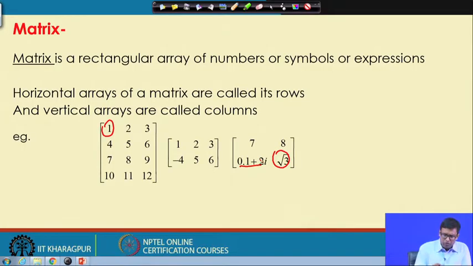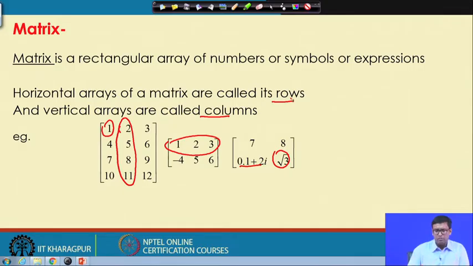Now, if we look at each matrix, as I said, it is a rectangular array of numbers, and we can see both vertical arrays which we call columns, and horizontal arrays which we call rows. Rows and columns are also matrices, and even a single number can be thought of as a matrix.